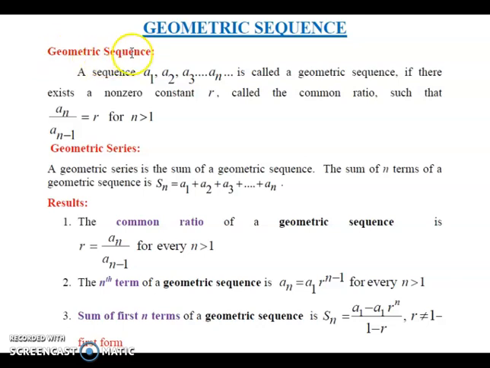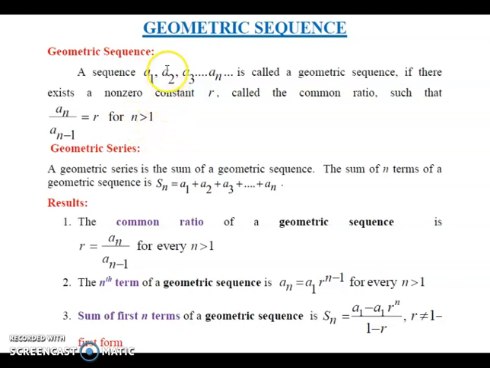Definition of geometric sequence. A sequence a1, a2, a3 and so on, an and so on is called a geometric sequence if there exists a non-zero constant r, called the common ratio, such that an divided by an minus 1 is equal to r for n greater than 1.